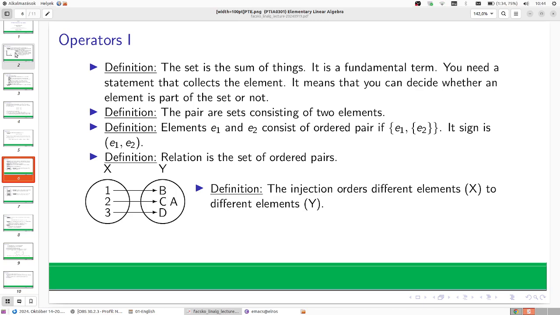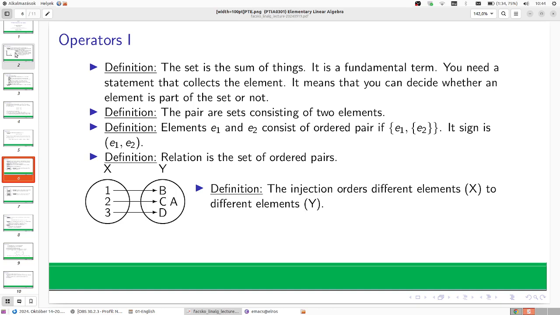Do you know relations? There are more general terms than functions. It doesn't matter, I just try to explain.